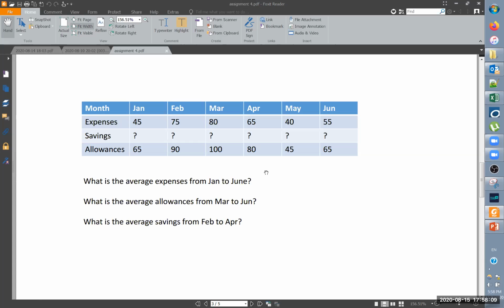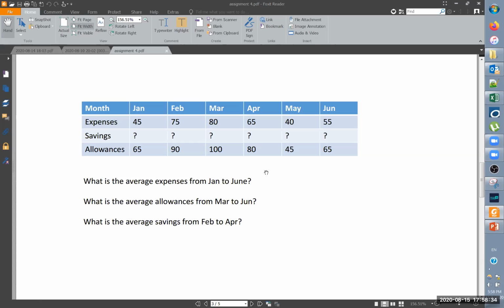对吧? Yeah. You know why I purposely give you from March to June? Do you know why not? Do you know why I never ask you what is the average allowance from Jan to June? 你懂为什么我不要这样子问你吗？It's the same thing. No, no. Do you know why I never say from Jan to June? Because I want to trick you.